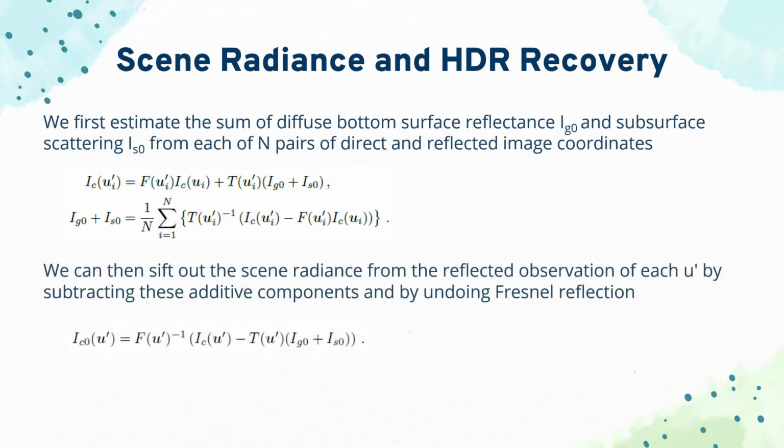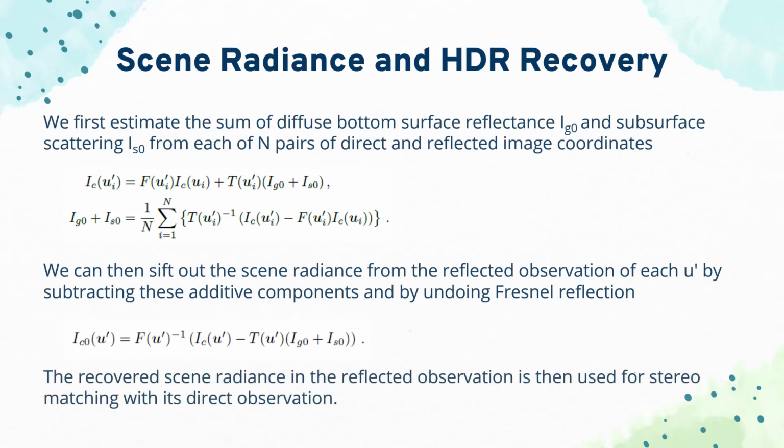We can then sift out the scene radiance from the reflected observations of each U derivative by subtracting these additive components and by undoing the Fresnel reflection formula. The recovered scene radiance in the reflected observation is then used for stereo matching with its direct observation.